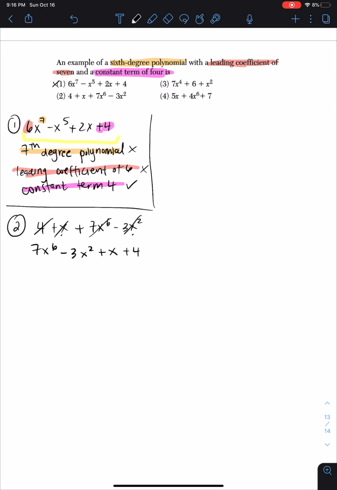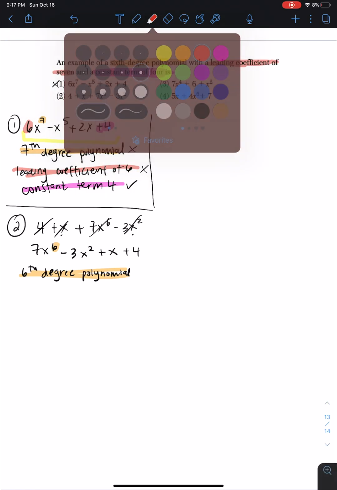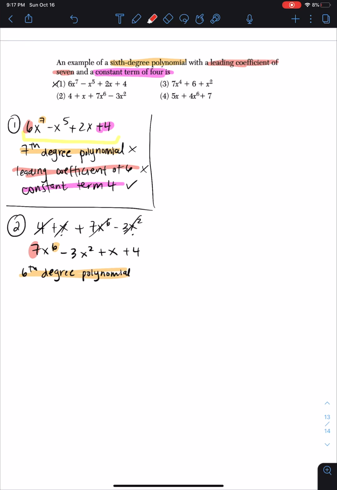We'll see that this is a 6th degree polynomial because our highest exponent is 6. And the leading coefficient, the number in front of the term that has the highest exponent, is 7.